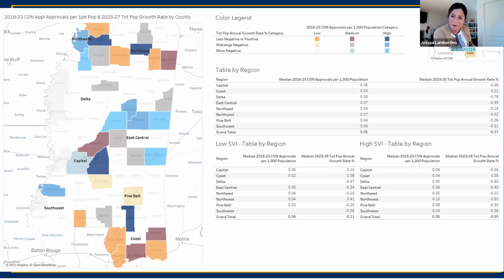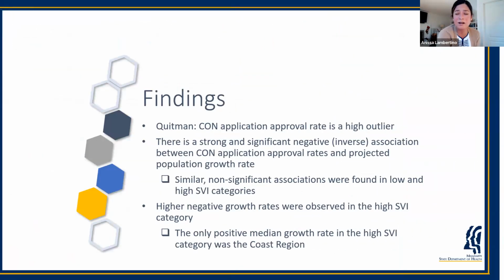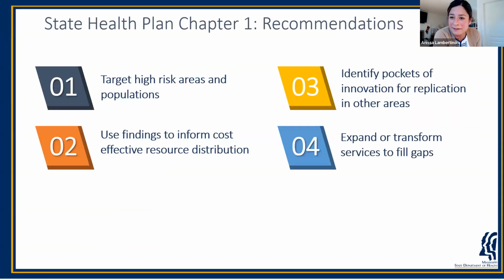I think there's another slide in this group. Oh, again, here is a summary of my findings for the two past maps that I presented. If we go to the next slide, I just have a couple of recommendations.